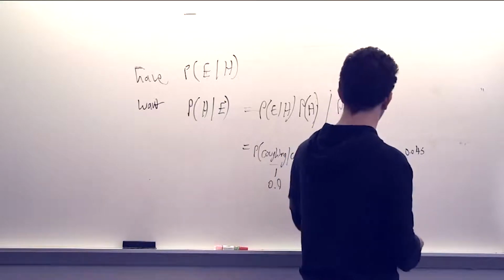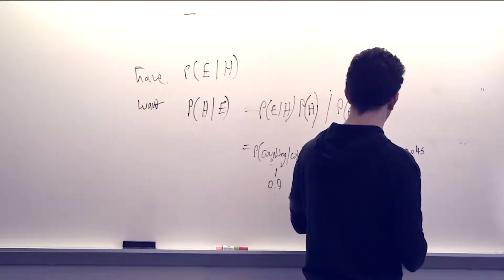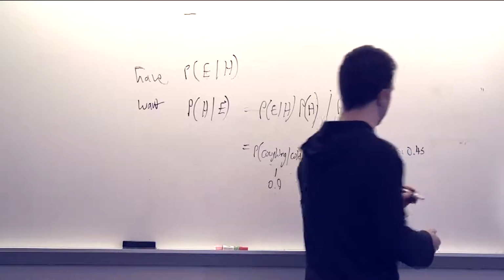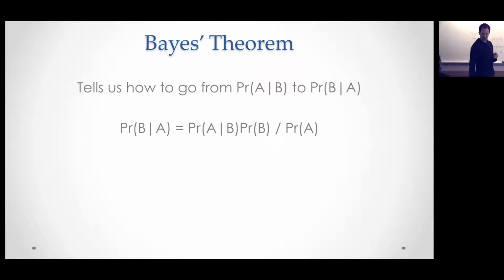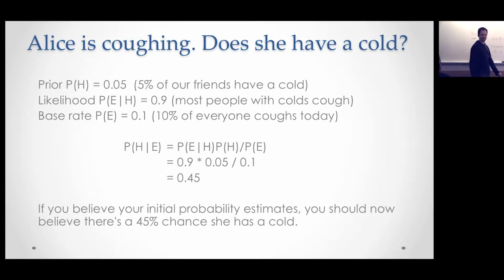Did I do this right? There we go. So, okay, 45%. Let's do it this way. Oh, hey, look at that. We ended up with exactly the same numbers. Wow. I'm always curious what people will guess.